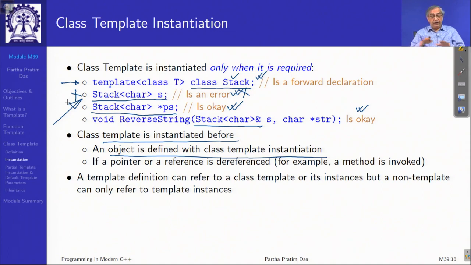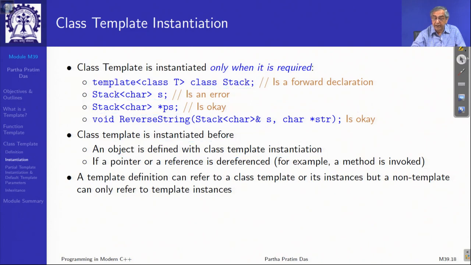If a pointer or a reference is dereferenced, then also I will need that. Just to define the pointer, I do not need to know the details, but if I want to dereference, then I will certainly need to know the object. So, I need to know the definition of that particular template.